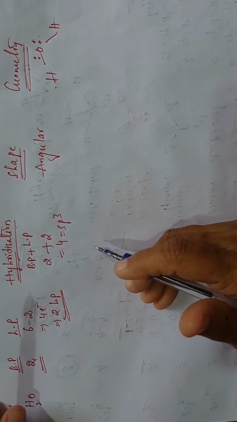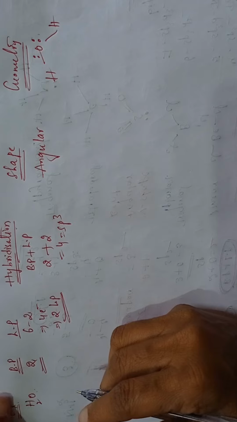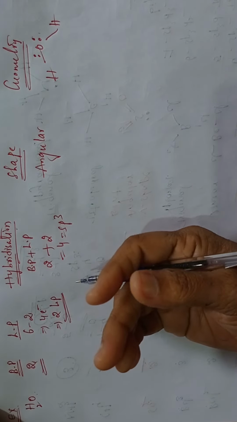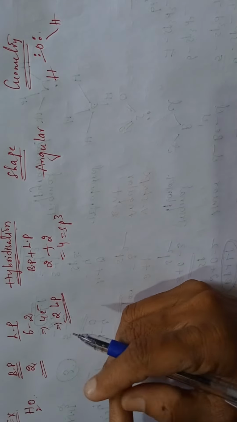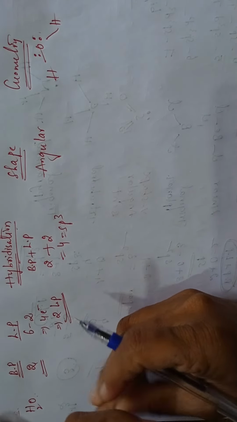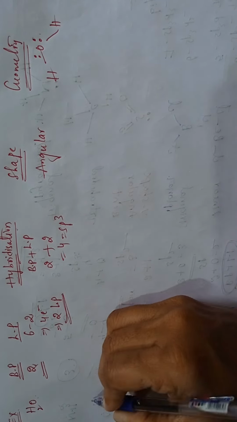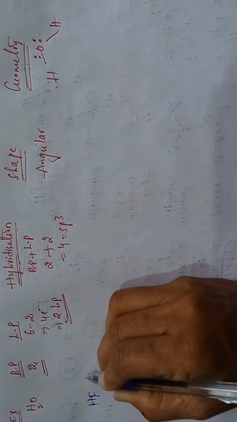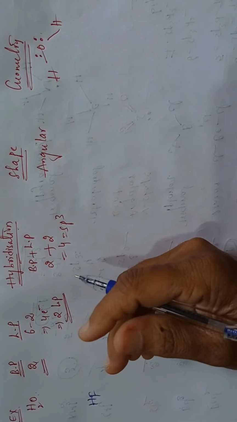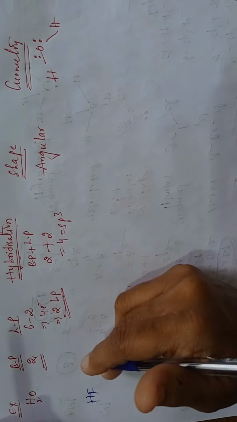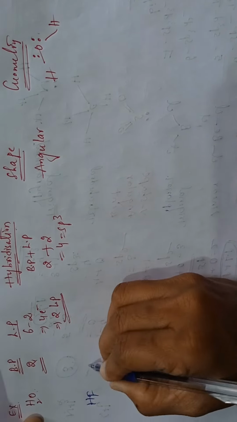If 3 lone pairs are there, what example can we take, students? 2 lone pairs means angular shape, and 3 lone pairs, the HF molecule we can take. How many bond pairs are there in the HF molecule? Only one fluorine, so only one you have to take.